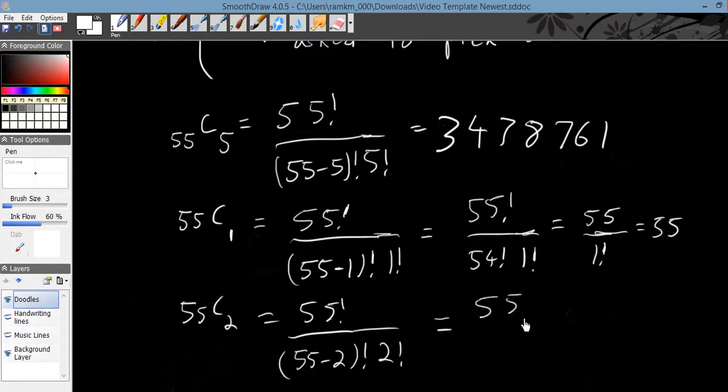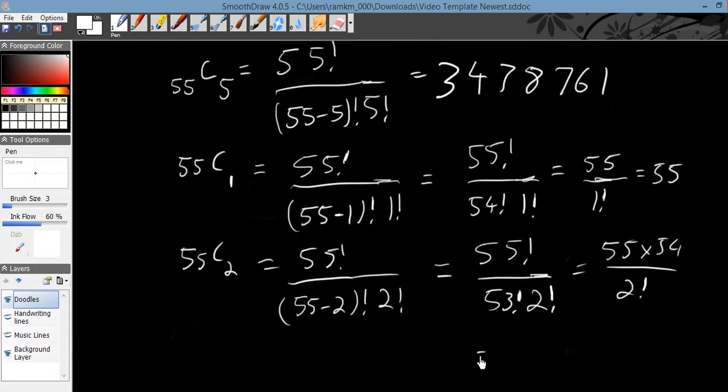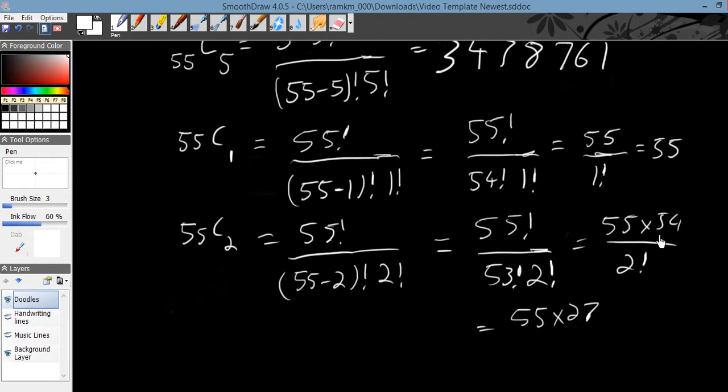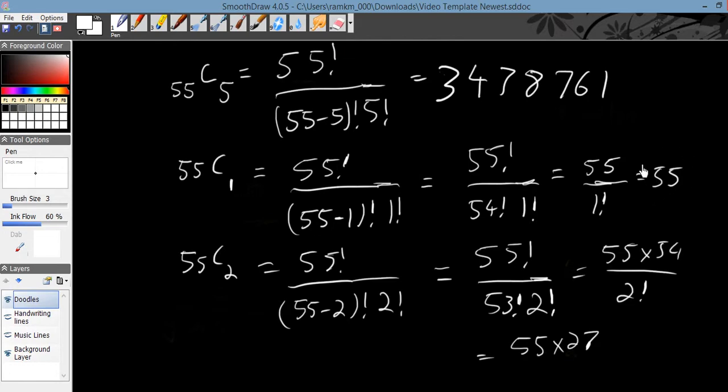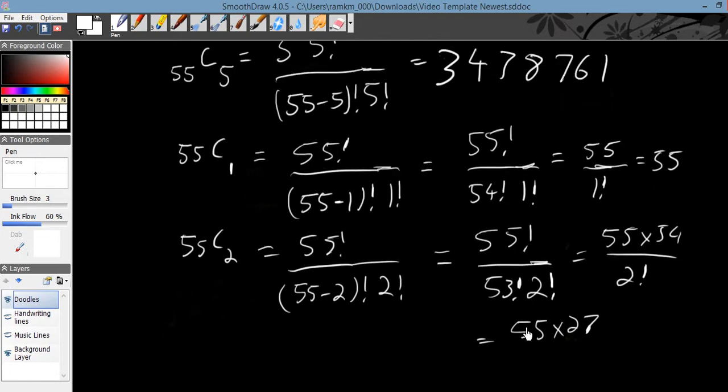It's just 55 factorial over 53 factorial divided by 2 factorial, which is 55 times 54 divided by 2 factorial, or just 55 times 27. So by picking 2 cards instead of 1 card, you've upped the number of ways you can pick those sets of cards by a factor of 27.